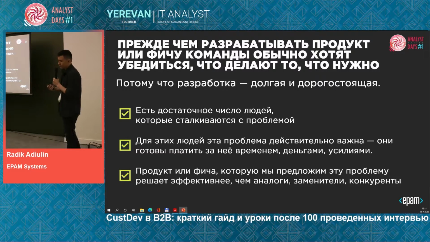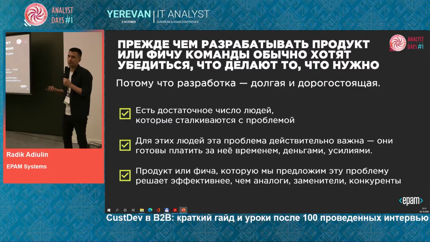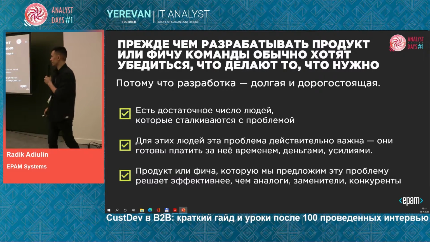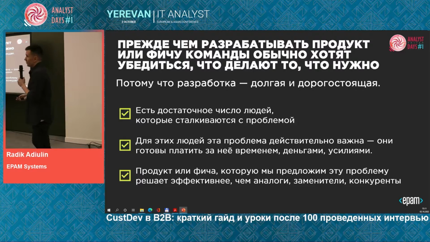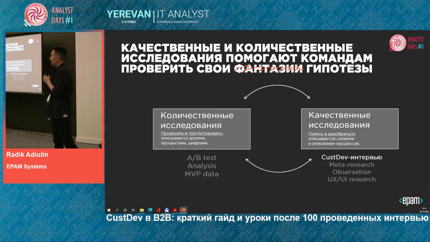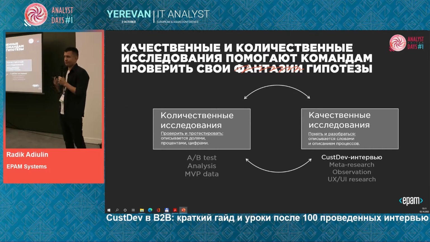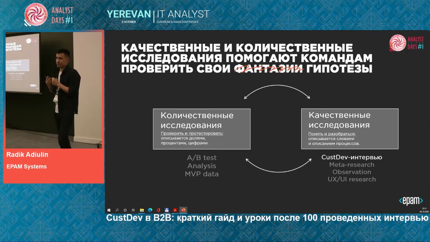The issue solved by the potential product needs to be solved better than the approaches of the competitors. Hence, this research. To answer these questions, the product team comes up with research.